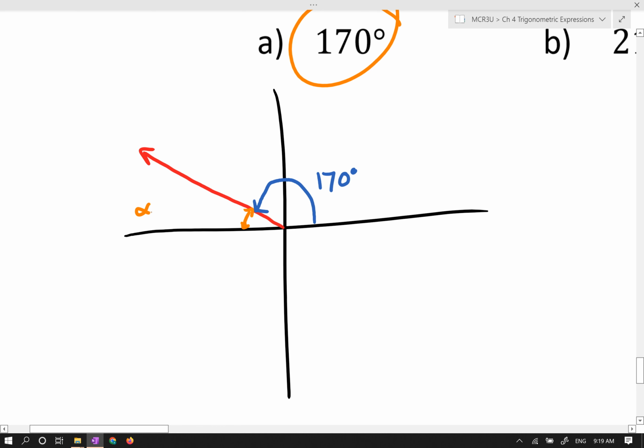Now, your related acute angle is the angle between the closest x-axis and your terminal arm. And that means if it's the angle in between, then it's always going to be positive because it's always a difference angle, if you will. So your related acute angle is always positive. In this particular case, we know that 180 degrees is right here.